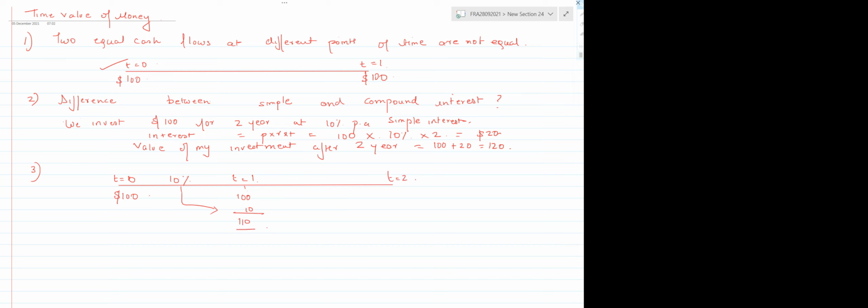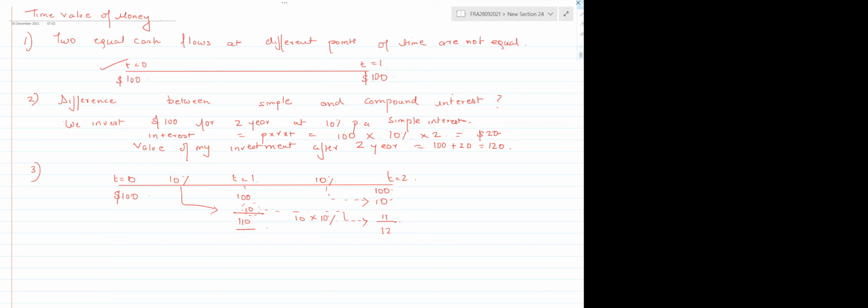At the end of the second year, I earn another 10% on my $100. And this interim cash flow of $10 is invested at the rate of 10%. 10% of $10 is how much? $1. So my 10 becomes 11.